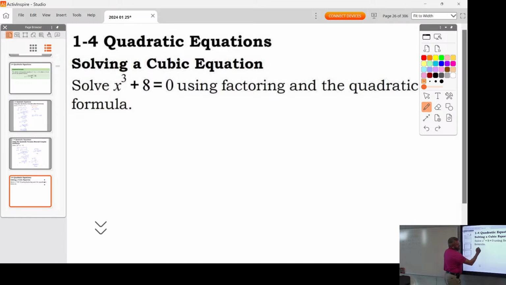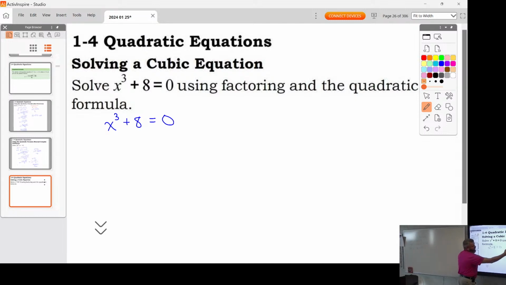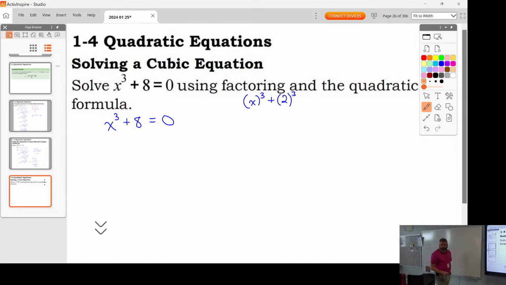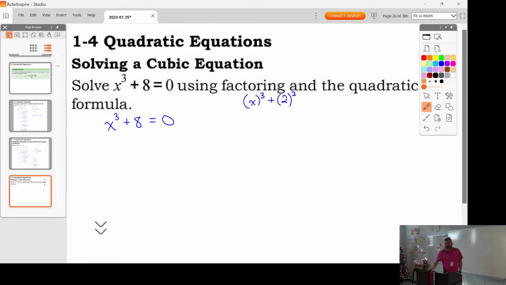So we start off with x cubed plus 8 equals 0. To factor that, what we have is we have our x cubed plus 2 cubed, right? And I'm not going to go through the whole process of this. You have your equation on how to solve this, or you've got it memorized, hopefully memorized.